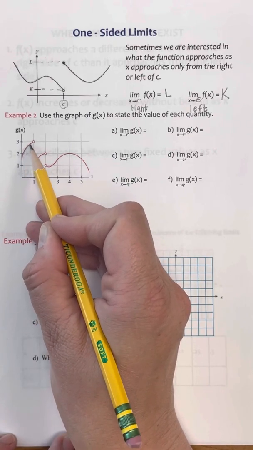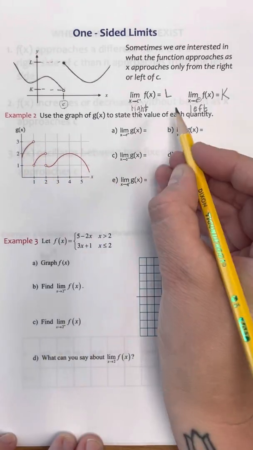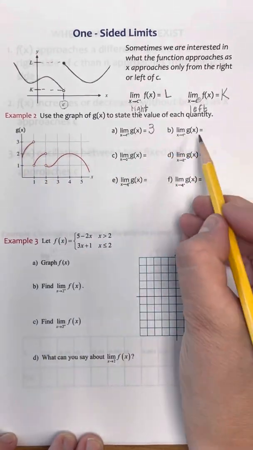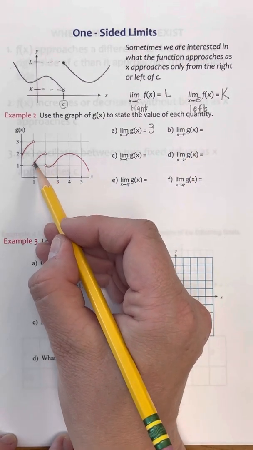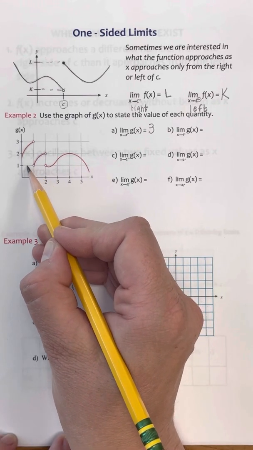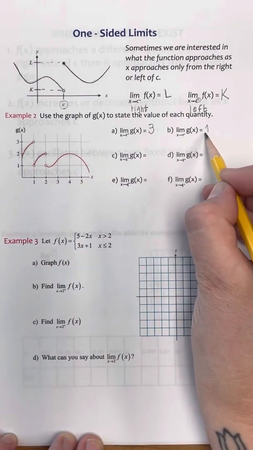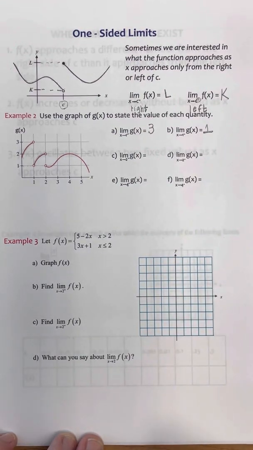We're coming at it from the left, and it corresponds with a y value of 3. All right, this next one, we're going to do the same number, but this time we want to come at it from the right side of 1. So we're going to look at this piece right here, and it is approaching a y value of 1. So those left and right, they didn't approach the same y value.